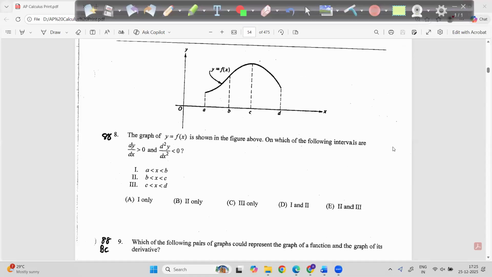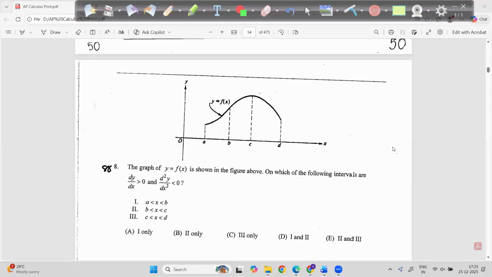Now, please see question number 8. They gave the graph of f of x and the graph of f double dash, and they're asking which of the following should be true. One is f dash x, another is f double dash x.